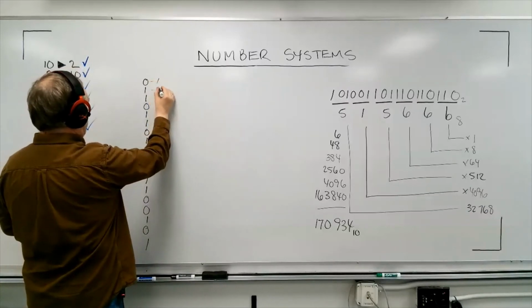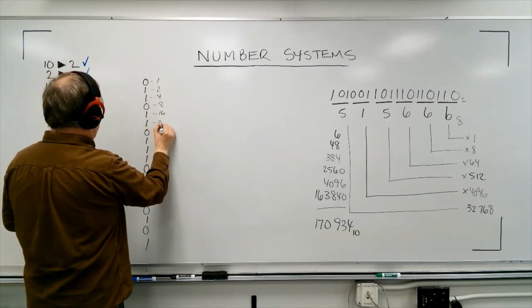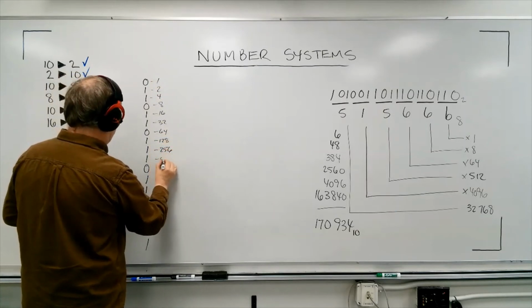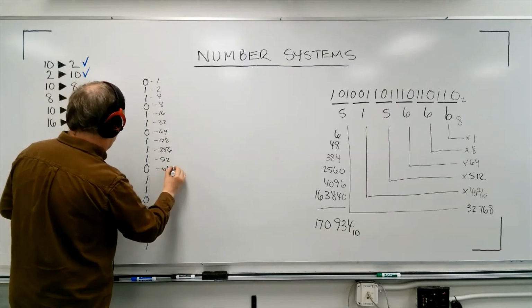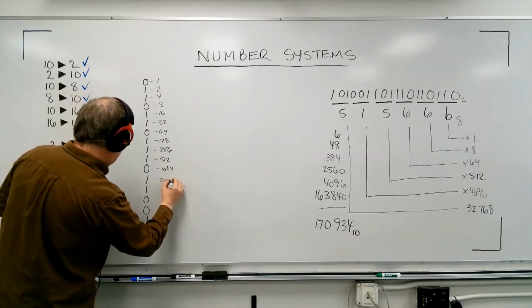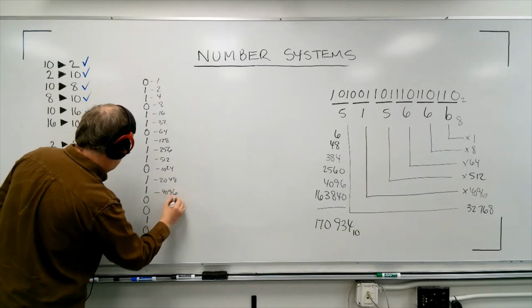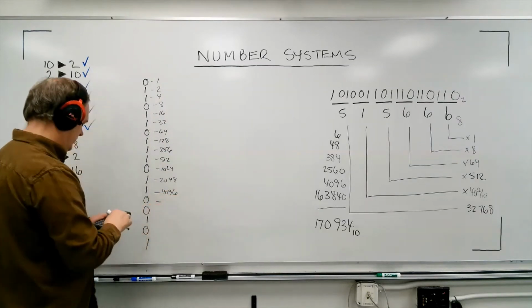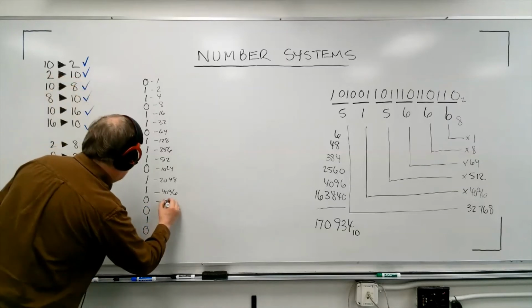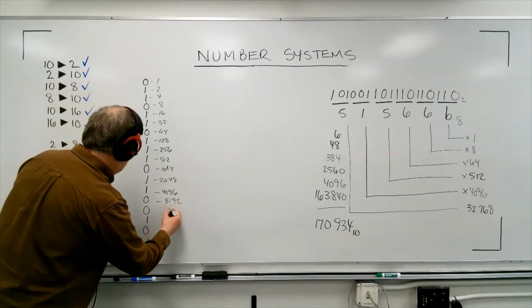This is 1, 2, 4, 8, 16, 32, 64, 128, 256, 512, 1024, 2048, 4096, and now we're down to 4096 times 2 equals 8192. 8192 times 2 equals 16,384.